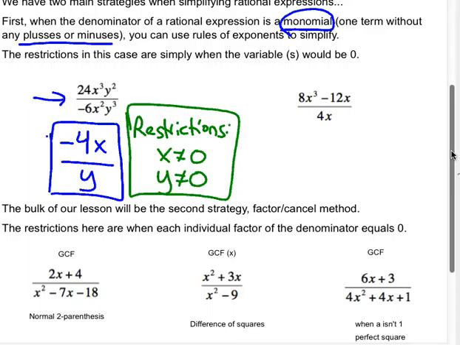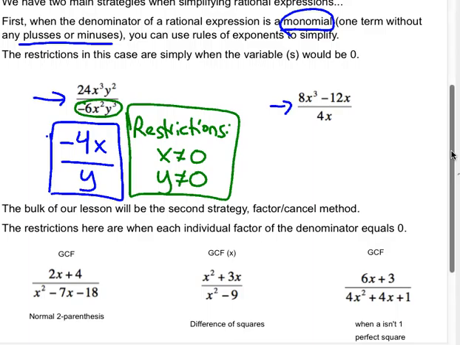Now, what I want you to notice is something very interesting. Your restrictions came from the original denominator, not the simplified denominator. That's going to be very important throughout this lesson as you're working on these. Restrictions are from the original denominator, not the simplified one. Okay? So let's take a look at our next example.